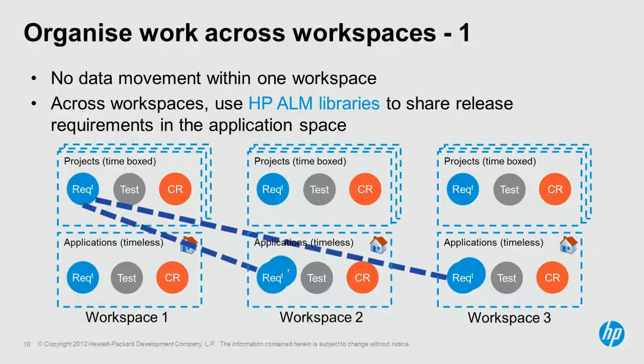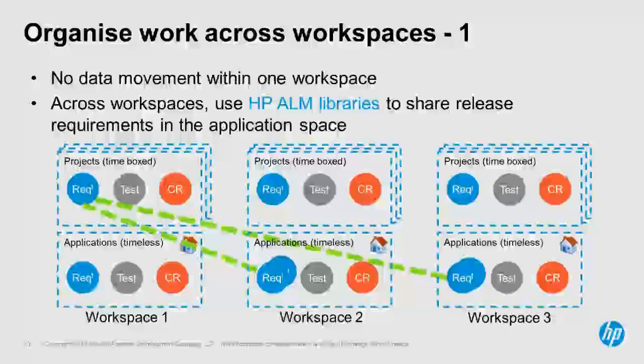And across ALM workspaces, you can have the same thing. The interesting thing is that it's the same process for the users, regardless of whether they are collaborating within one ALM workspace or across ALM workspaces. We found that to be quite interesting.